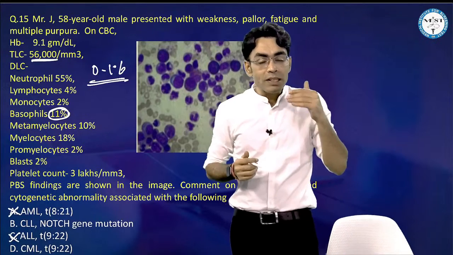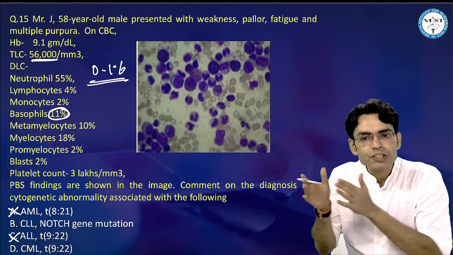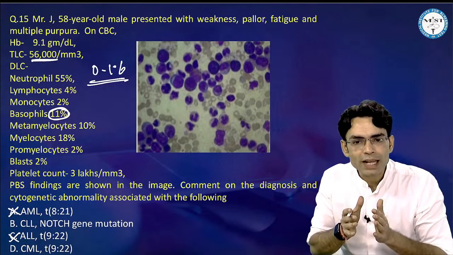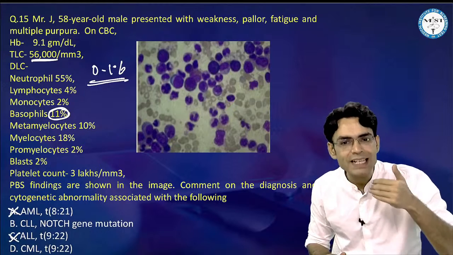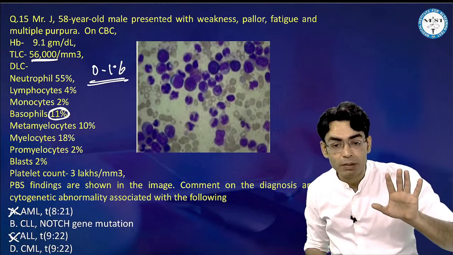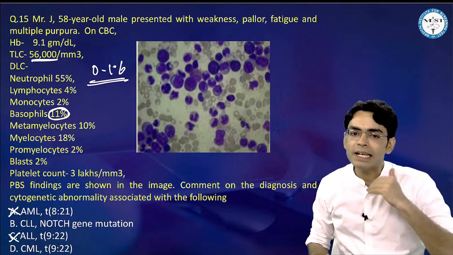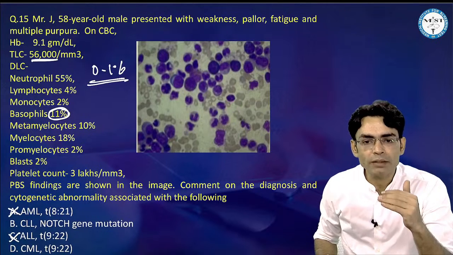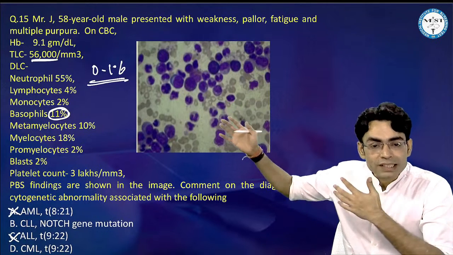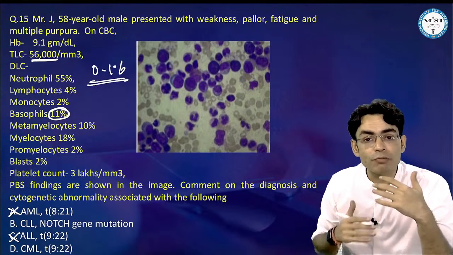When the normal cells come out in the blood, this is called shift to left. What is it called? Shift to left. So whenever you are seeing a shift to left, and these cells which should not be inside the blood, but you are seeing them with a blast percentage less than 20, it has to be chronic. Okay? Now, this is a patient of chronic myeloid leukemia because you are getting so much of basophils.